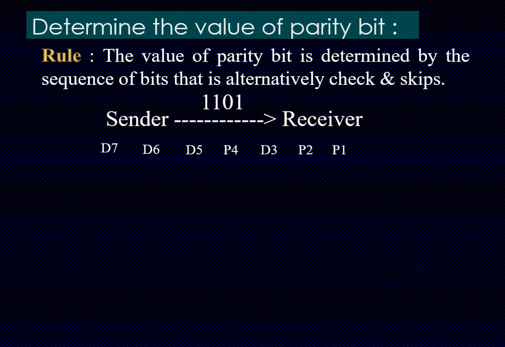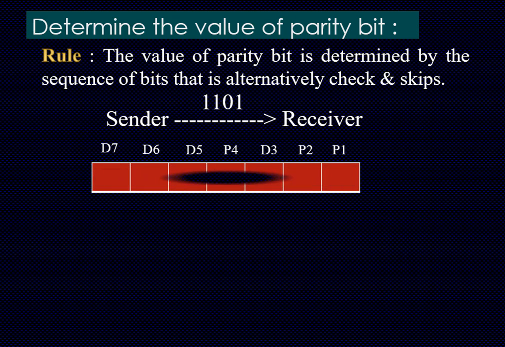We know the data bits: 1101. These data bits only occupy their positions. What are P4, P2 and P1? We don't know, so let us calculate the value of the parity bits.